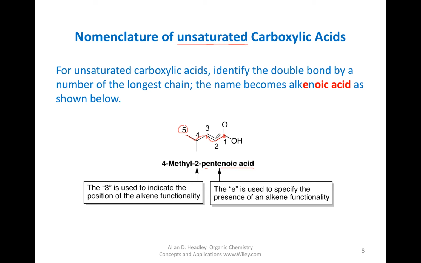However, we have unsaturation here on carbon 2. It starts at carbon 2. So here's that E to represent the unsaturation and the number 2 to indicate the presence of the ene, and of course our methyl.